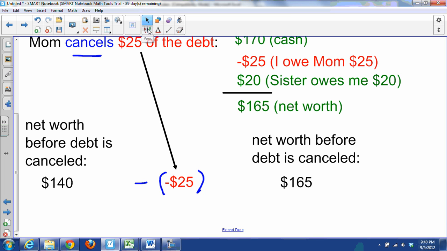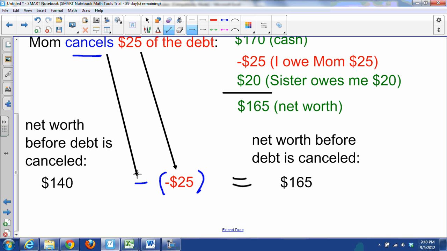So the result being $165. It's like the cancellation is a subtraction. Canceling debt is taking away debt. So we subtract that negative number and we're actually increasing our net worth. I hope that helps.